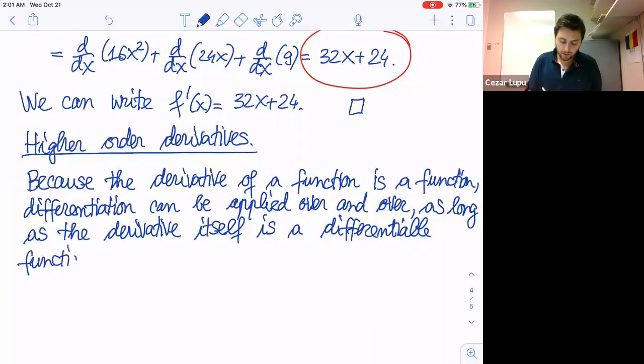In other words, we can apply the derivative as much as we can until there is nothing we can do.